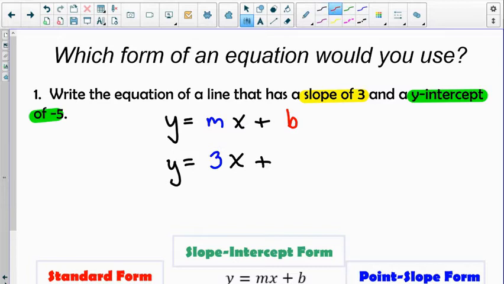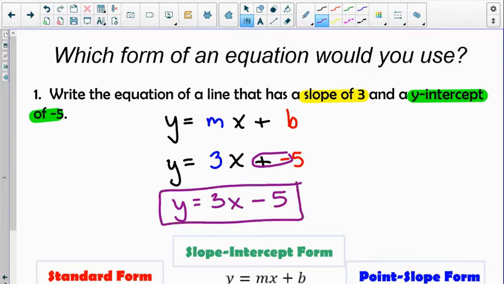The y-intercept of the line is -5, which tells me b has a value of -5. And last, we simplify our double signs. Adding -5 is the same as just subtracting 5. Y equals 3x minus 5 is the equation in slope-intercept form.